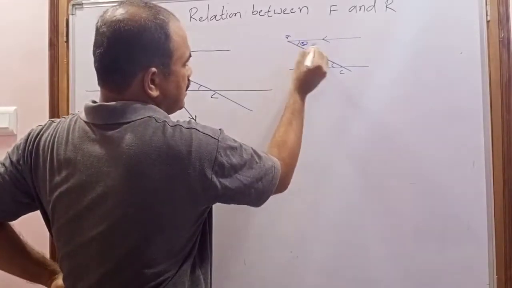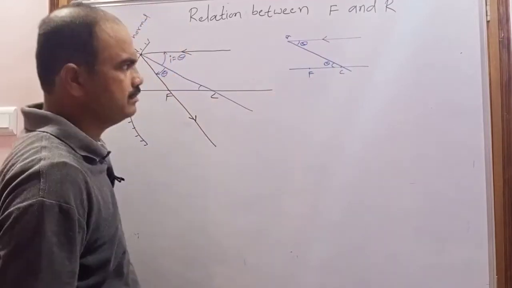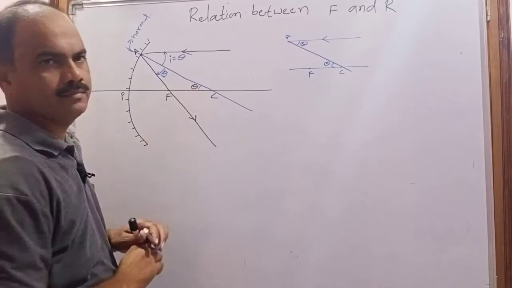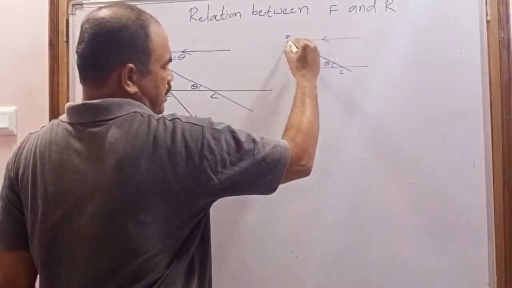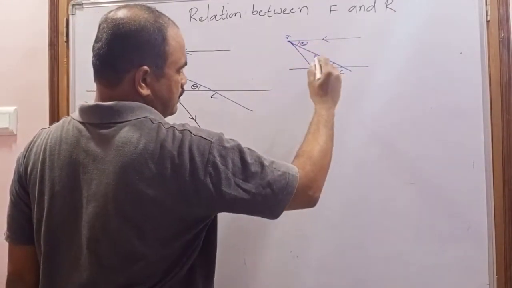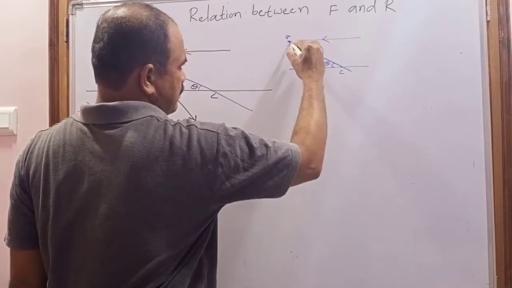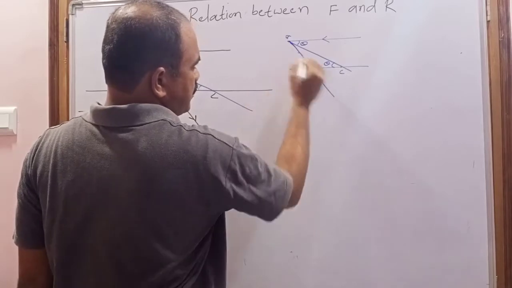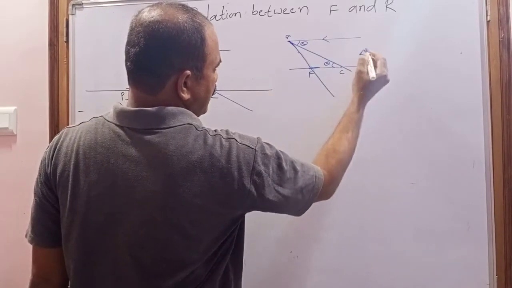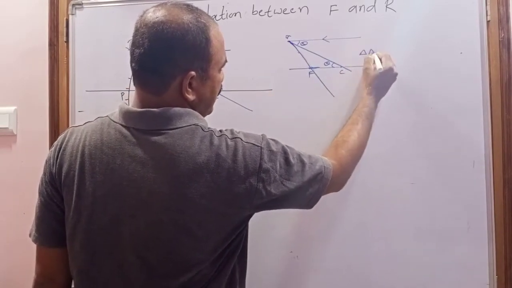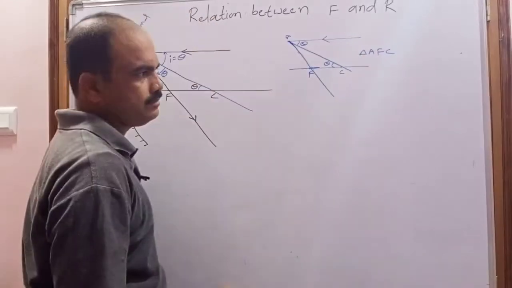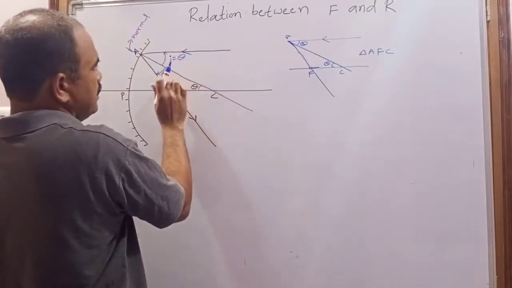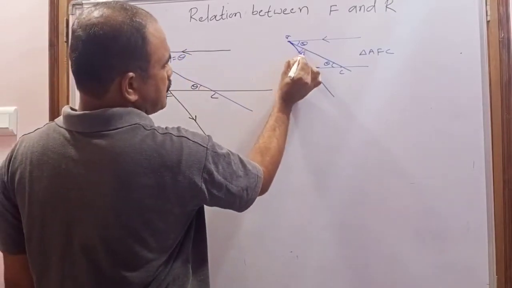This is theta, and this is also theta. Now the reflected ray is going like this, passing through the focus. When you observe this triangle, what is it? Triangle AFC. This is the angle of incidence, this is also the angle of reflection, theta.